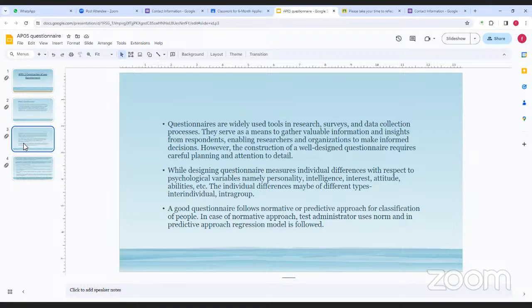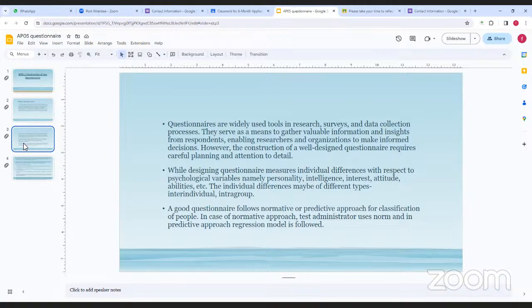So this careful planning includes standardization, reliability, validity, norm, etc. These are the important issues.